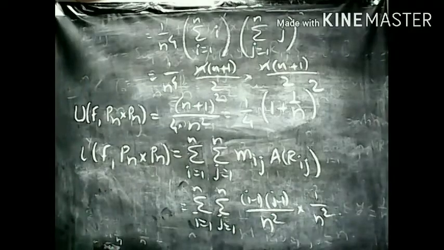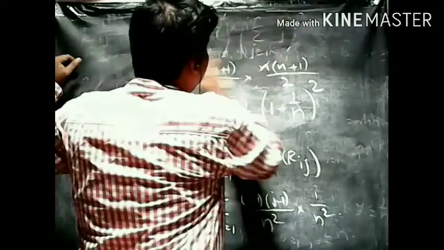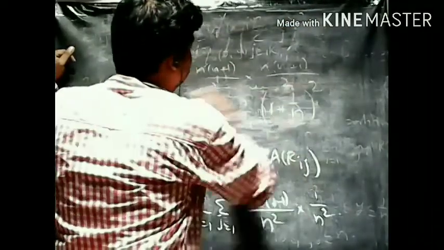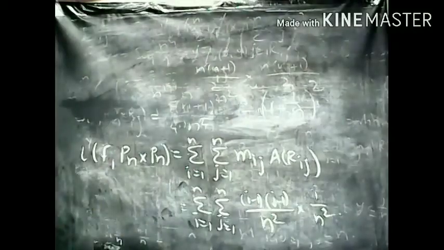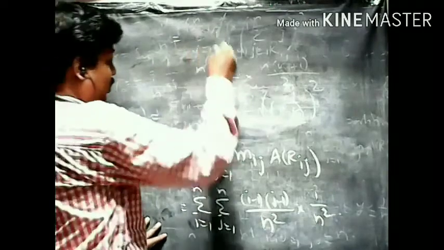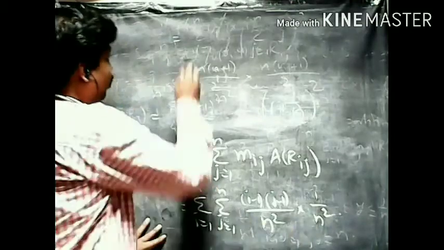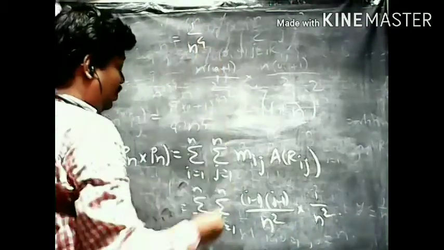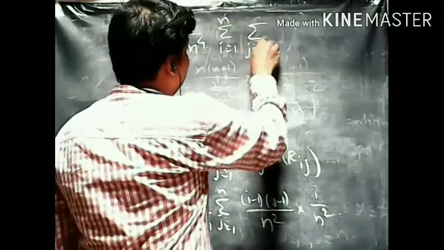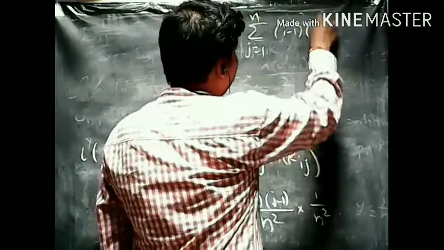So let us compute further. So this will be equal to 1 upon n square into n square, that is n raised to 4. It will come out as 1 upon n raised to 4. Then what is left is summation i from 1 to n, summation j from 1 to n, (i minus 1) into (j minus 1).